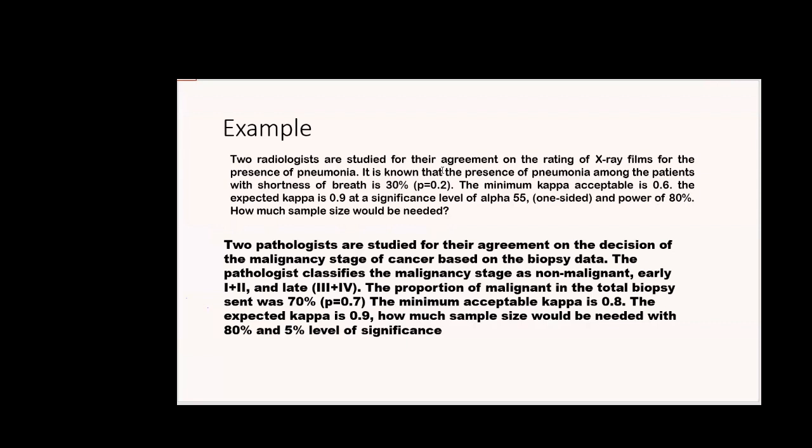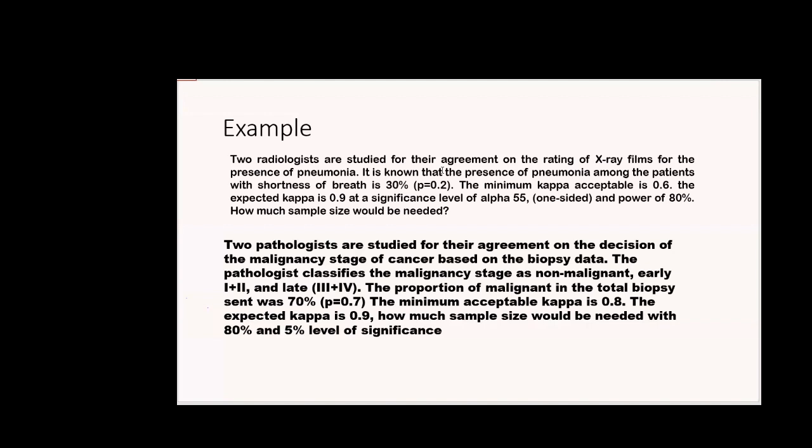So we need the information: what is the minimum kappa statistic, what is the expected kappa, and what is the suspected outcome, that is, the pneumonia in shortness of breath patients. That is 30%.